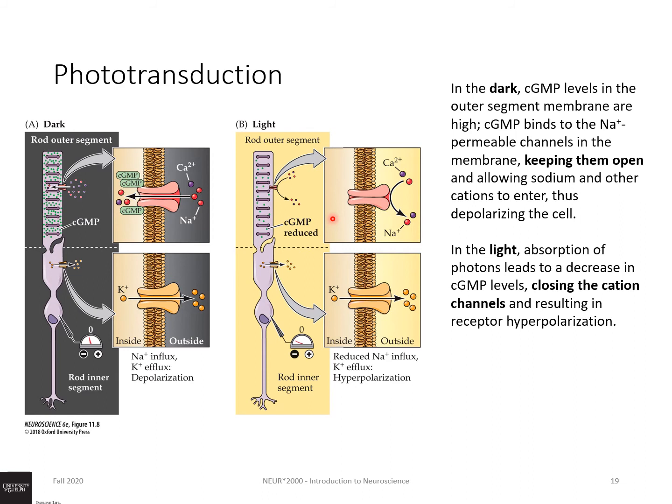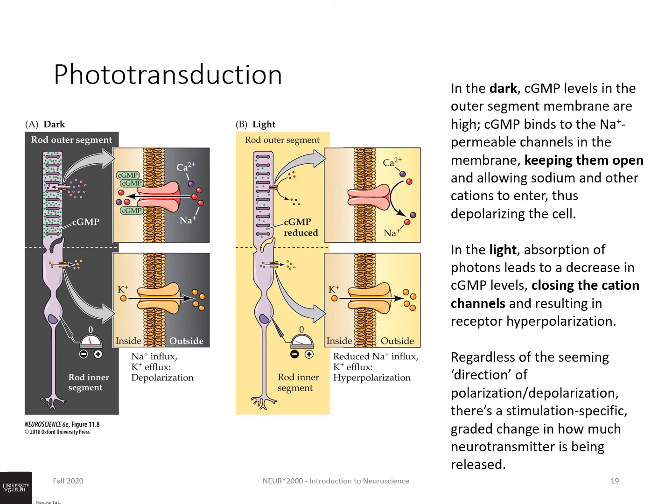So light causes hyperpolarization of photoreceptors. And regardless of the seeming direction of polarization or depolarization, there's a stimulus-specific graded change in how much neurotransmitter is being released.